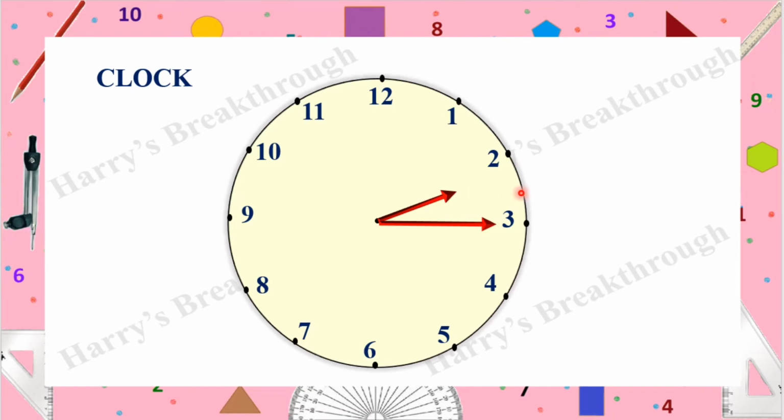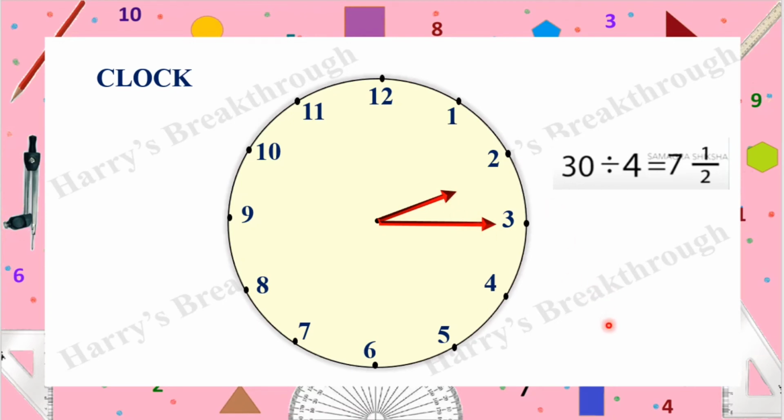So in 1 hour, this hour hand will move 30 degrees. So 1/4 portion of 30 degrees will be 30/4 is equal to 7.5. That means this hour hand moved 7.5 degrees from this 2. So this angle will not be 30 degrees. It will be 7.5 less than 30 degrees.